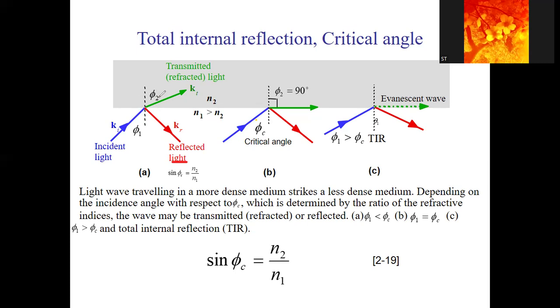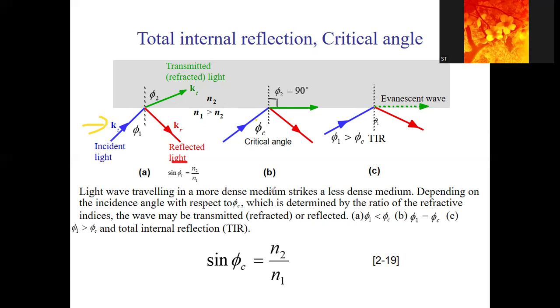Here the refractive index of the first medium is n1 and of the second medium is n2, and n1 is greater than n2. The refractive index of medium 1 is greater than that of the other medium. So light is incident and gets refracted.